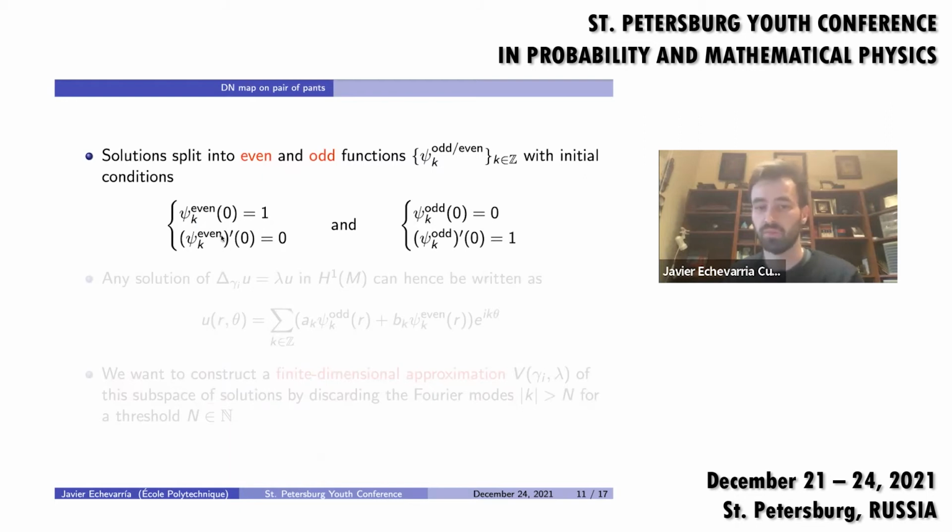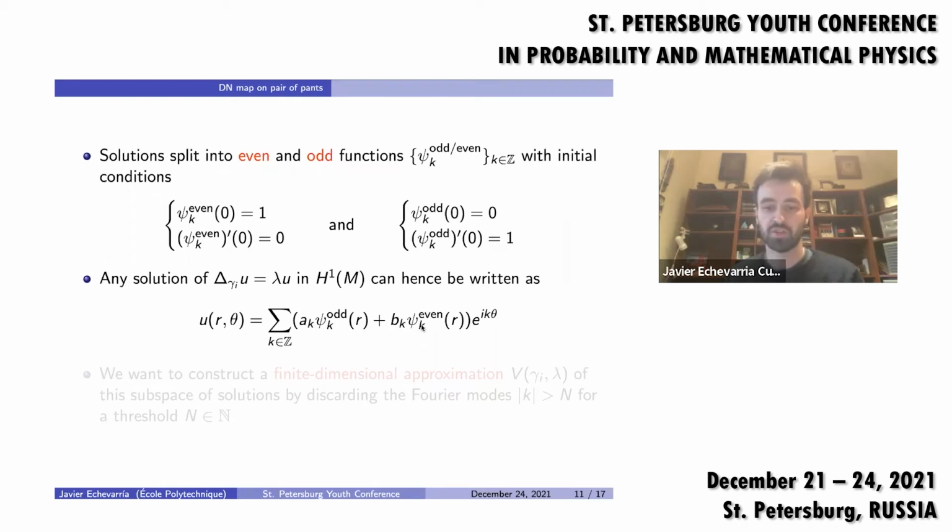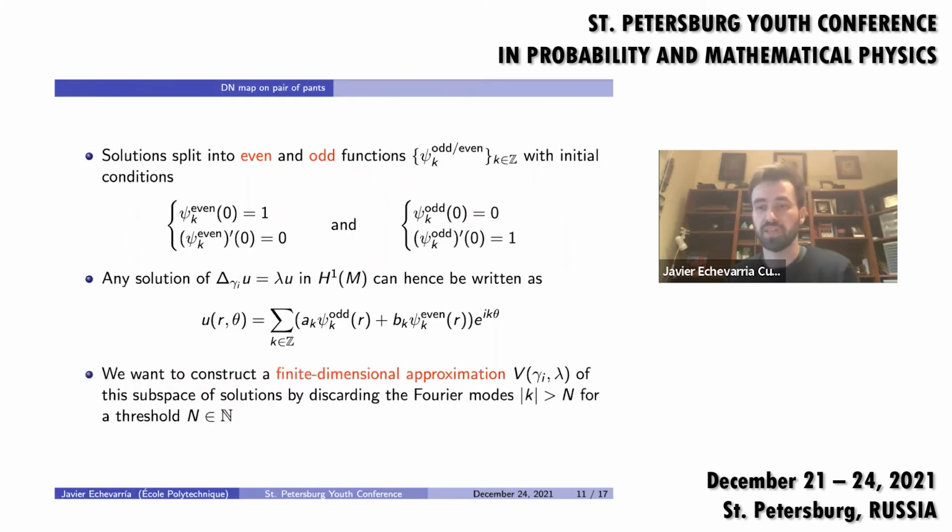So with these conditions at the boundary, these are basically going to represent the Dirichlet conditions and the normal conditions over here with the odd ones. And so then we decompose any solution not only on the Fourier basis, but in terms of this odd and even split.